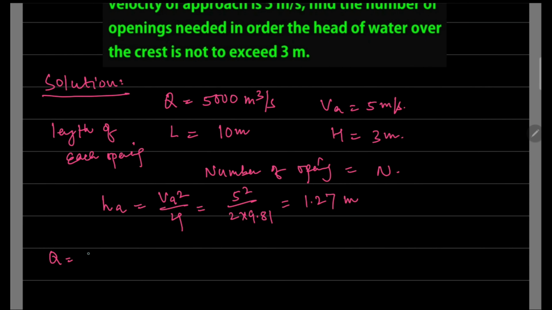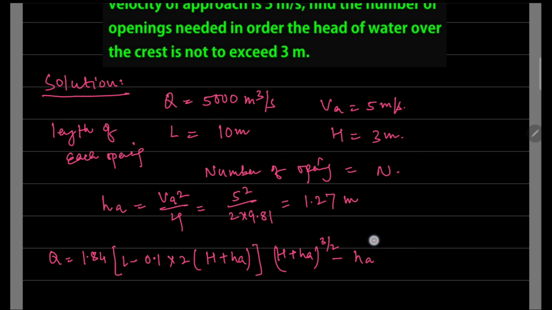Q is equal to 1.84 multiplied by (L minus 0.1 multiplied by 2 (H plus HA)), and then (H plus HA) raised to the power 3 by 2 minus HA raised to the power 3 by 2. That particular formula is used for the estimation of the discharge.